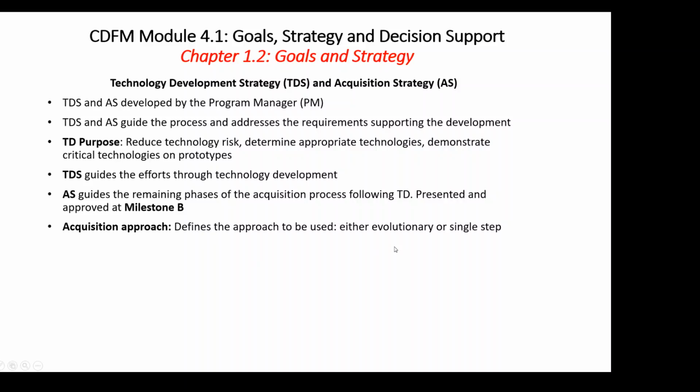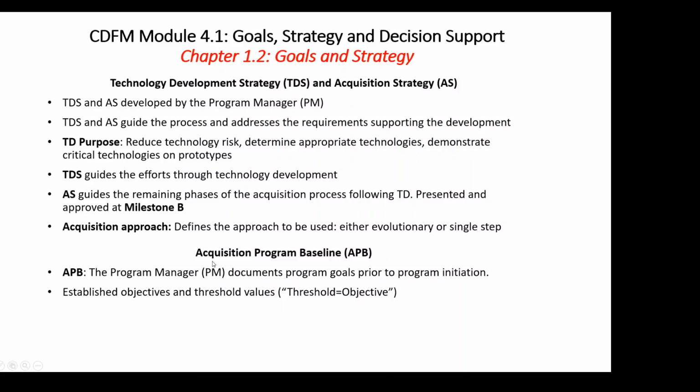So remember I talked about when it comes to the defense acquisition system, you can either enter through the evolutionary method, meaning we start from the beginning, or if there's something already, maybe a commercial item that's already on the shelf that all we need to do is tweak in some manner, then it may be a single step. So maybe we enter into milestone B right away because we already have something out there. So all it evolves over time. So evolutionary or single step.